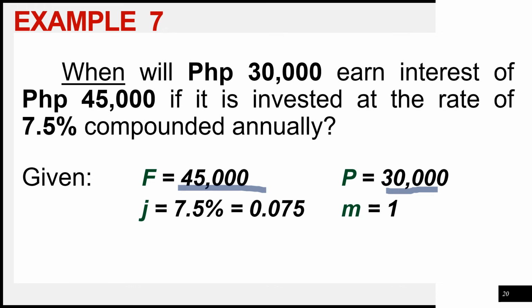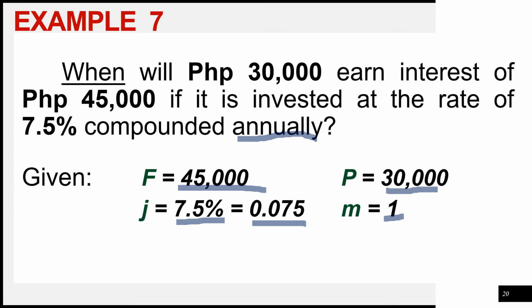Now, our P, which is 30,000 pesos, will be compounded annually with the nominal rate of 7.5% or 0.075. And our m is equal to 1, since it is said to be compounded annually. Again, when it is said to be annually, then the conversion is only 1.